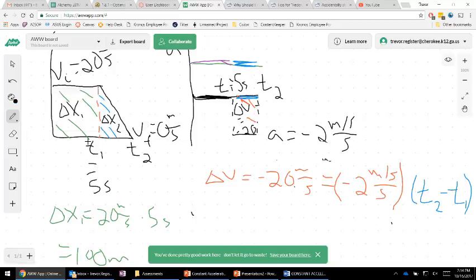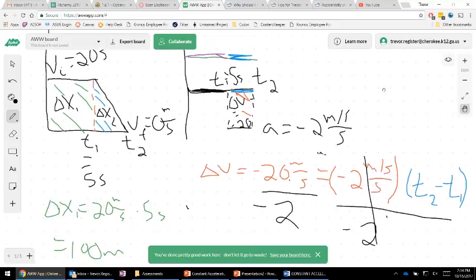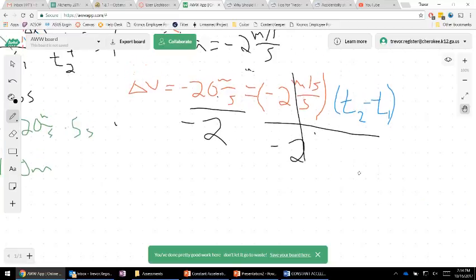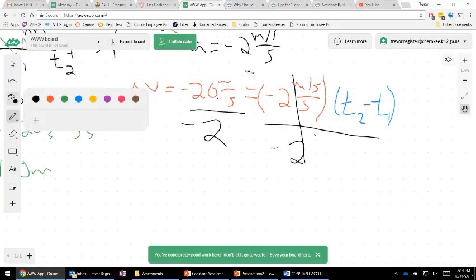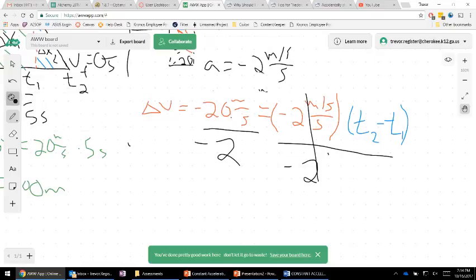If I just divide both sides by -2, that cancels out, and I'm left with T2 minus T1 equals -20 over -2, which is 10 seconds.